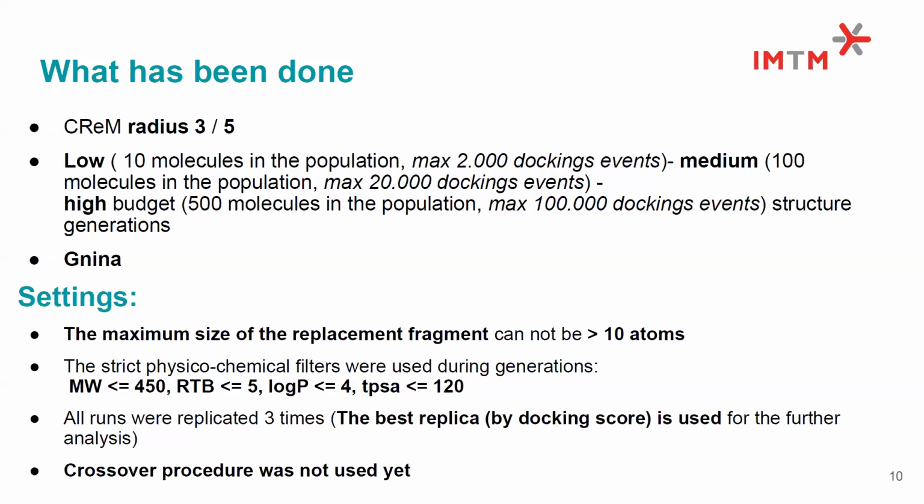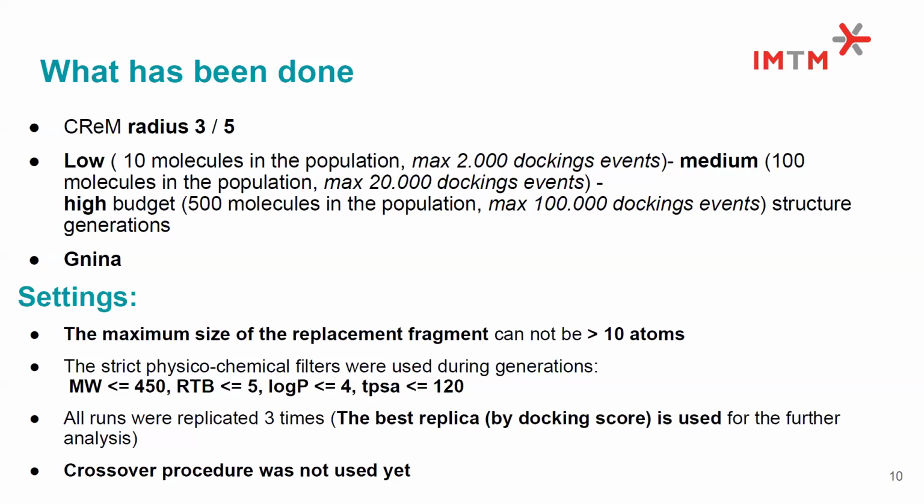There are also settings which were the same for all runs. The maximum size of the replacement fragment cannot be more than 10 atoms. We also strictly filter out molecules which were not in a specific range of some physicochemical properties, for example, molecular weight less than or equal to 450 and so on.